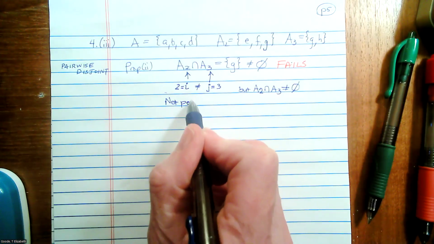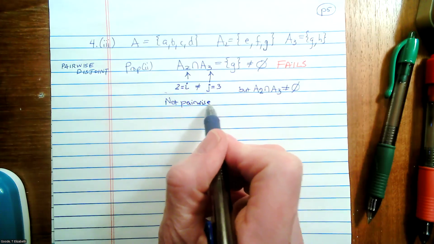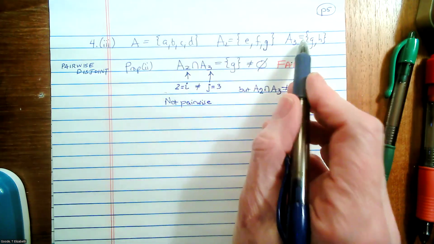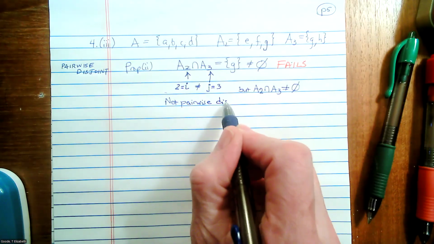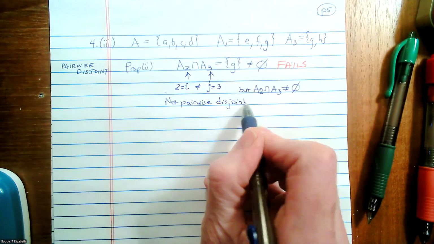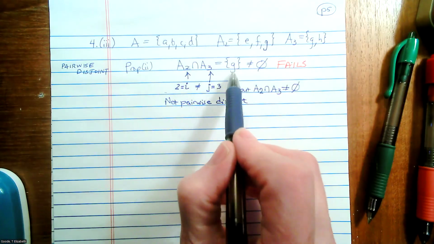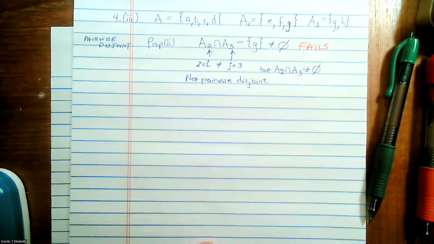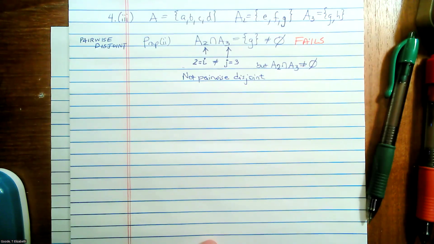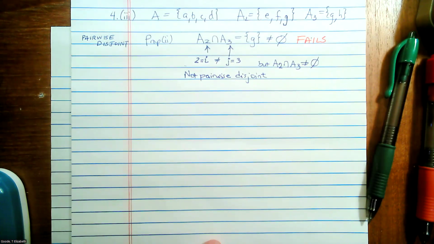All three of them have an empty intersection if you tried to find something that was in all three of them. That looks good, but taking two at a time, the pairwise disjoint property fails. Okay? I can do it.